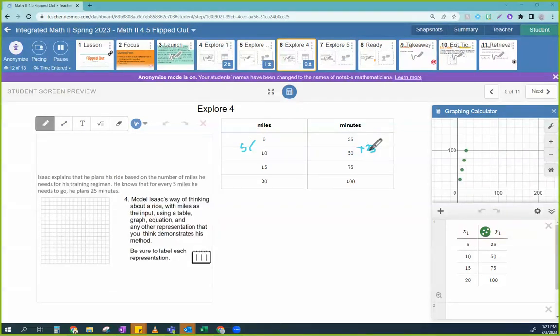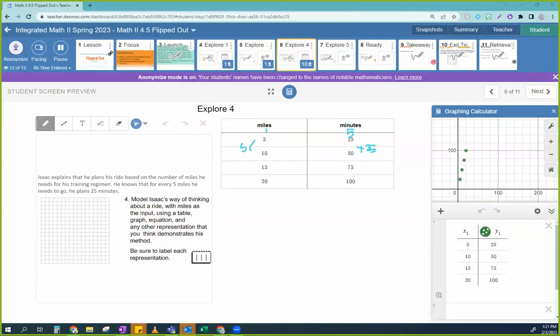So notice our slope is going to be 25 divided by 5, which is 5 minutes per mile, which makes sense because I could actually enter that into my table up here. 5 minutes per mile, right? Which sounds like it's way slower than the other one, but he was doing 12 miles in 1 hour.